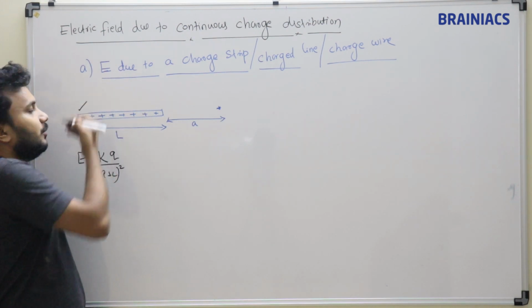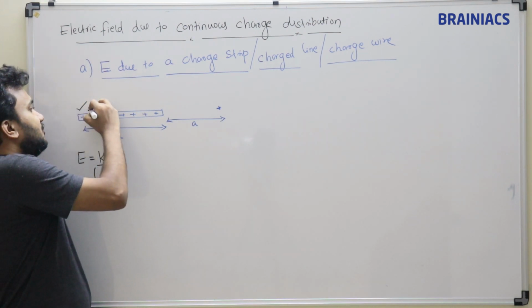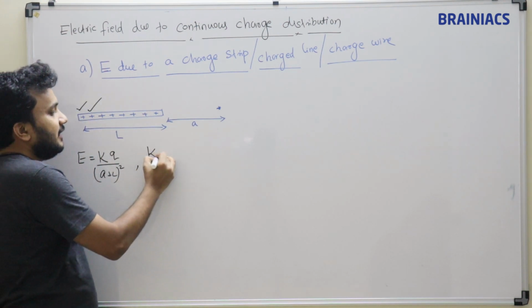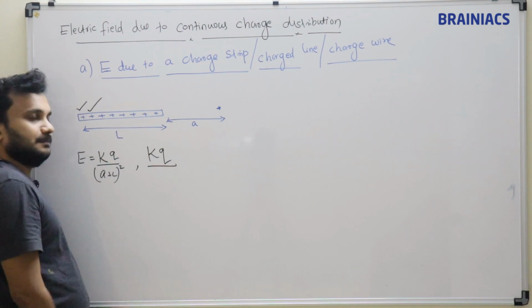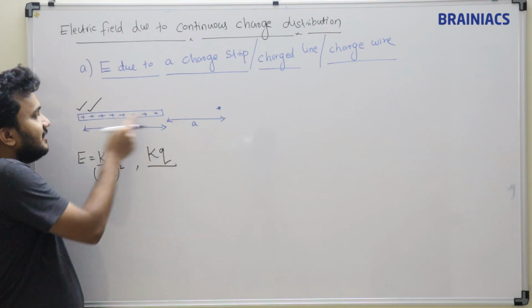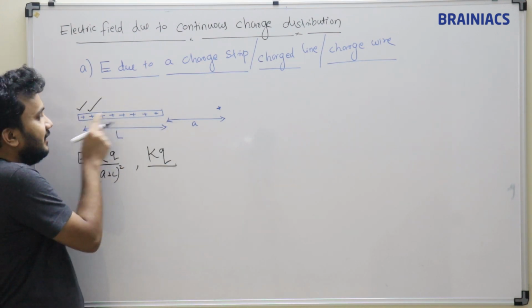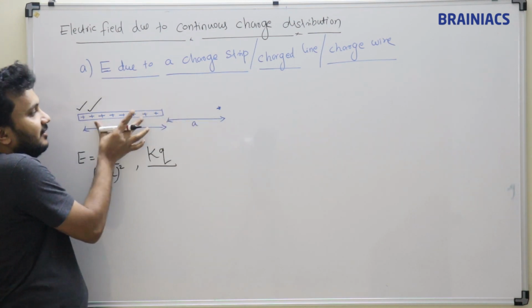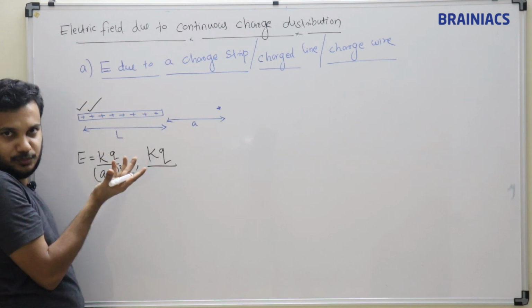That is for this charge. What about the next charge, which is very close to the first charge? It will be KQ divided by, what is this distance from the end, L plus A. Now this charge is not at the end, so it is A plus some other distance, which I don't know.